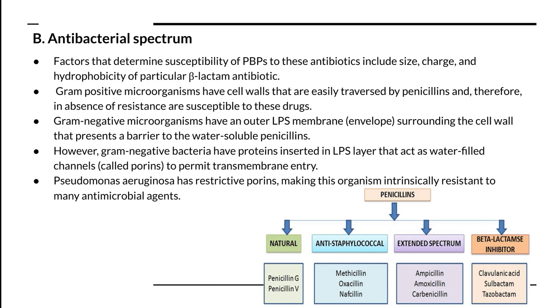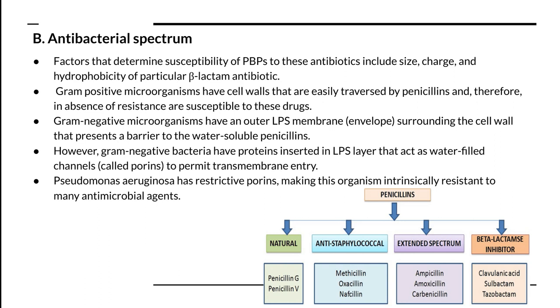Then we have beta lactamase inhibitors, which I will also discuss. What do they do? I told you that some of these bacteria possess an intrinsic enzyme called beta lactamase. You remember we discussed it a couple of slides back. It is going to cut that chain, the 6-aminopenicillanic acid.